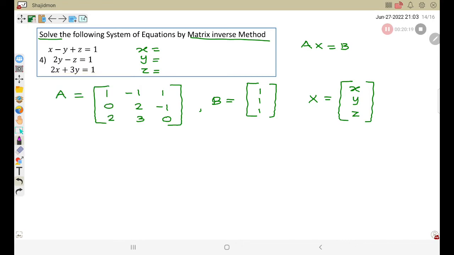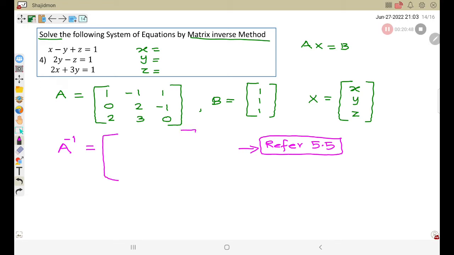Now, first find the A inverse matrix, the A inverse of a 3 by 3 matrix. We studied this in section 5.5. Refer to that recorded class, 5.5 recorded class, and you will get the answer. This question was already solved there, so I am just writing the answer here because it is lengthy.